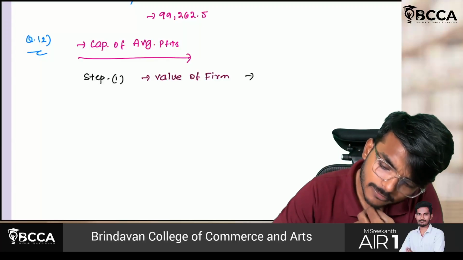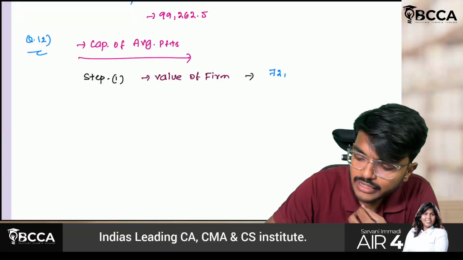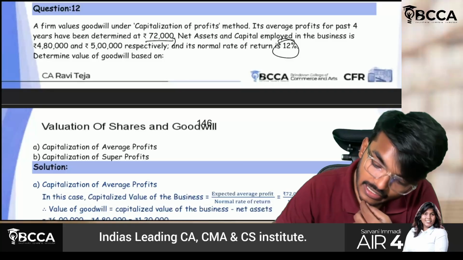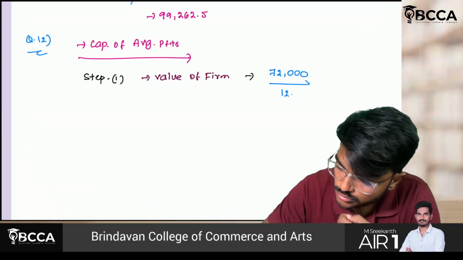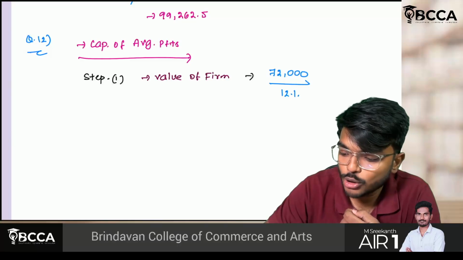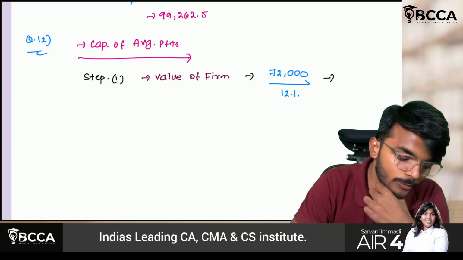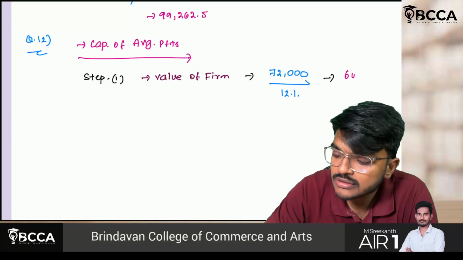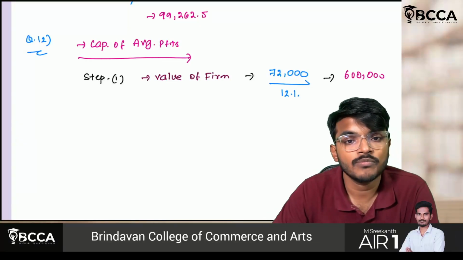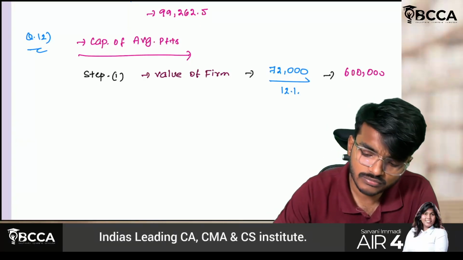So 72,000 divided by 12%, you will get the value of the firm, which is 6 lakh rupees. This is the value of the firm.